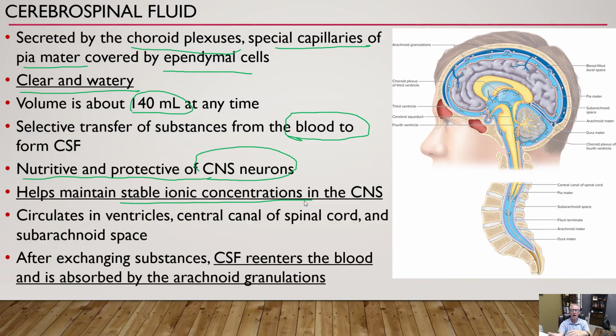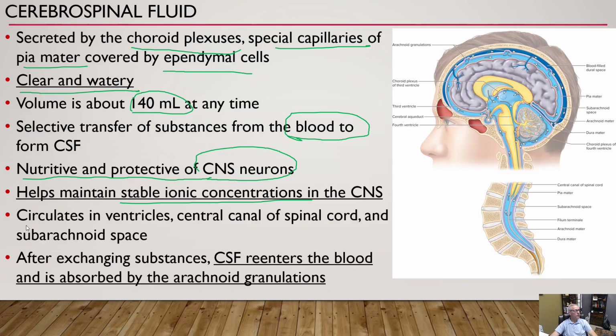What's different about the central nervous system is that the central nervous system must use glucose for energy. So the central nervous system has to have a continuous supply of glucose in order for it to use energy.